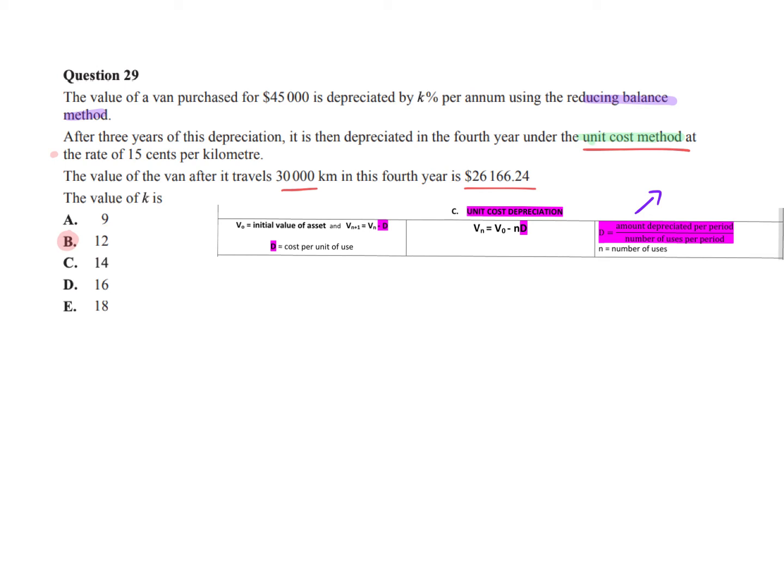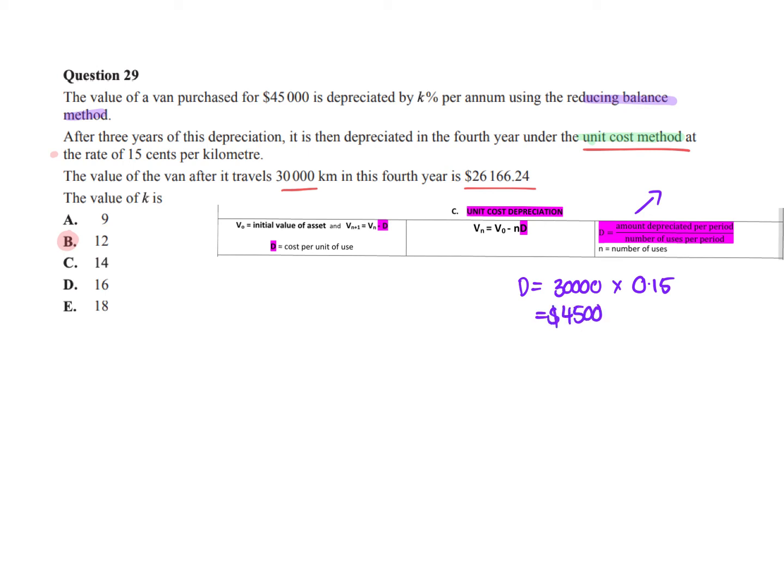So it says it travels 30 kilometres. If you look at the amount of depreciation, it's travelled 30 kilometres at 15 cents per kilometre, okay? So if you look at that value, I worked out that is 4,500.